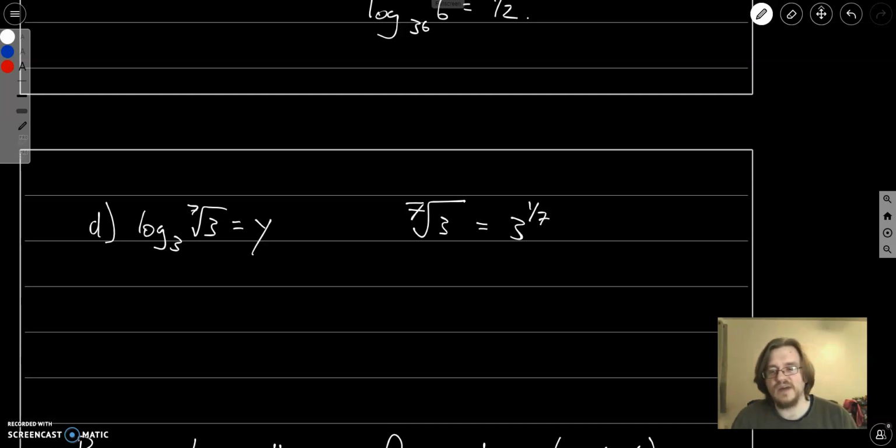So when we write this down, we're asking 3 to what power is the 7th root of 3? Well, it's 3 to the 1/7 power. So log base 3 of the 7th root of 3 is 1/7. Again, 3 to what power is this guy here? 3 to the 1/7 power is that guy. So y is going to be 1/7.